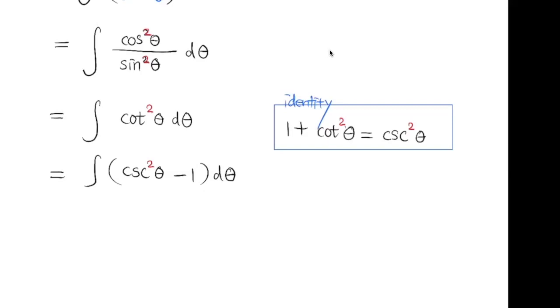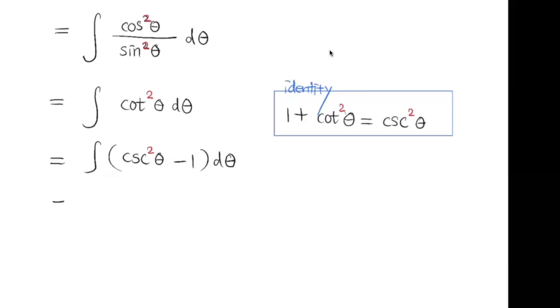Are you guys good? Okay, so now let's find the antiderivative of cosecant squared. Do you guys remember it? Negative cotangent, yes.